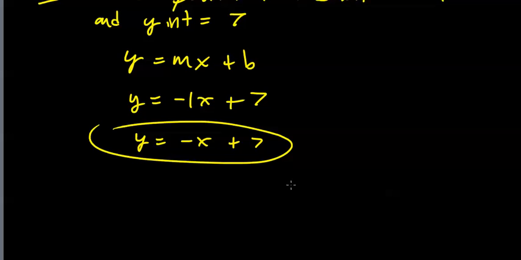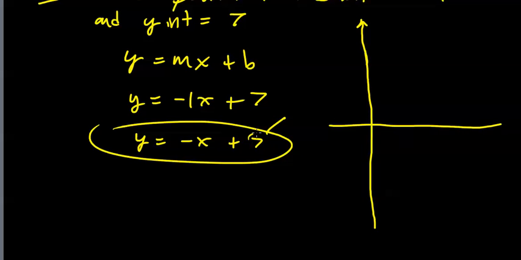We can also use this information to graph the line. If I draw a quick graph of this line, I can start. I know for sure the y-intercept is 7: 2, 3, 4, 5, 6, 7. Let's say I hit the y-axis right there.